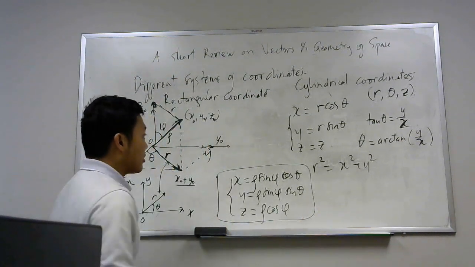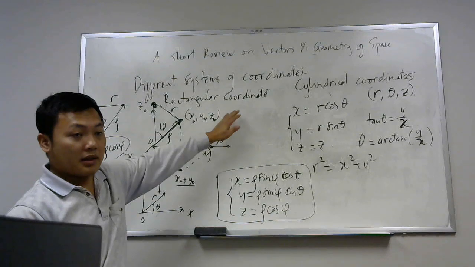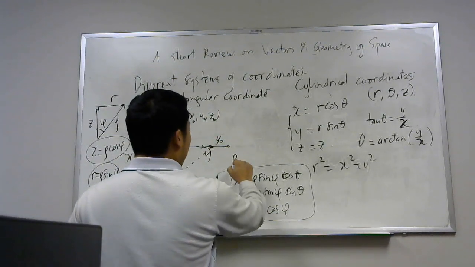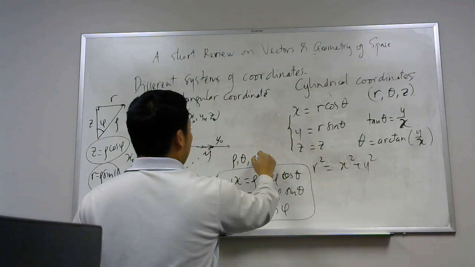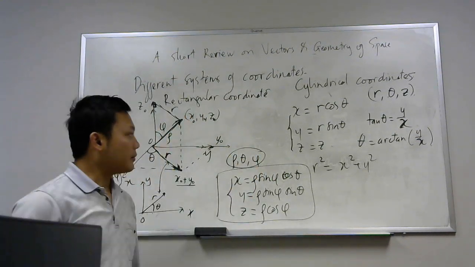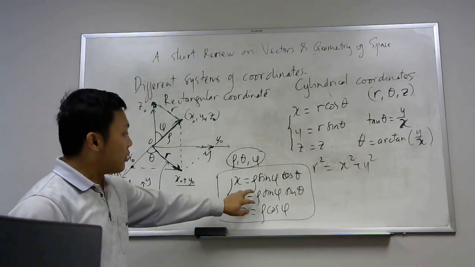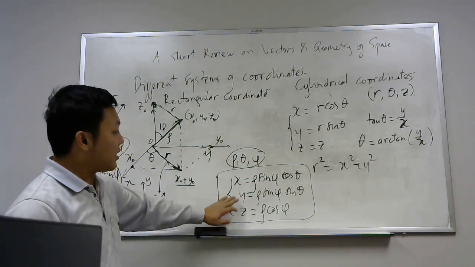And this is the relationship between rectangular coordinates and spherical coordinates. We have rho, theta, and phi. If you pay attention, how do we find rho? Suppose you have x, y, and z.